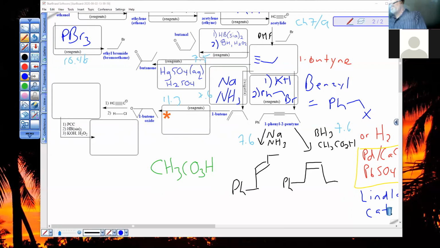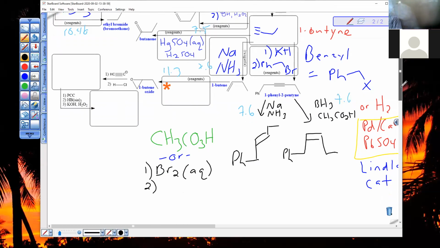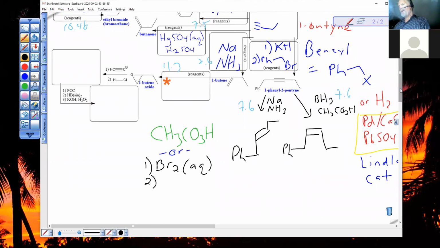Or we could follow a protocol using an old reaction we studied in chapter 6. We could first do halogenation in the presence of water. That makes a vicinal halohydrin. That has a bromine on the less substituted carbon and an alcohol on the more substituted carbon.